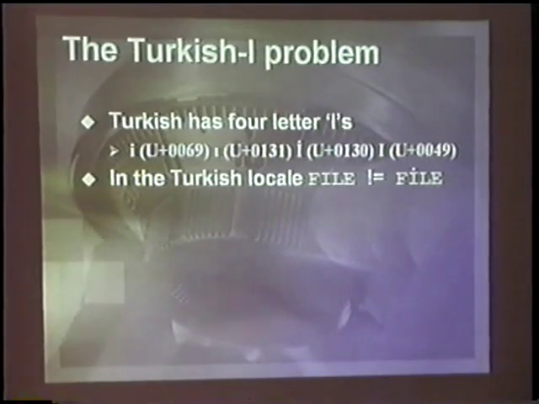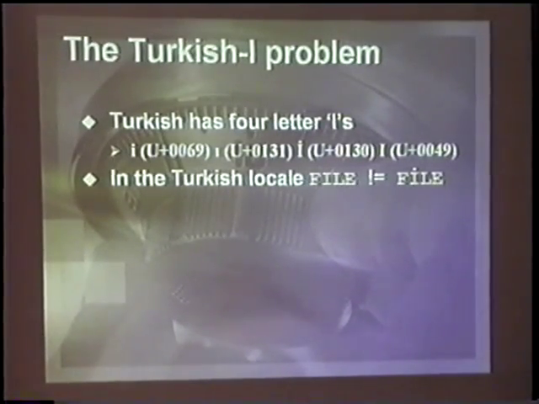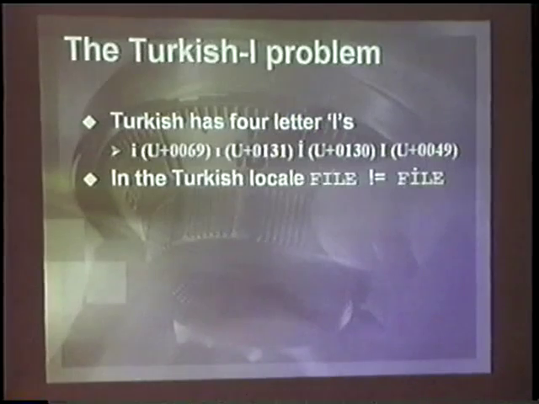I actually knew it beforehand because it's in the Chicago Book of Style. Not as a security issue. They don't have security vulnerabilities in there. But they mention that there are 4 letter I's in Turkish. So if you take a lowercase i with a dot and uppercase it in the Turkish locale, you'll get an uppercase I with a dot above it.